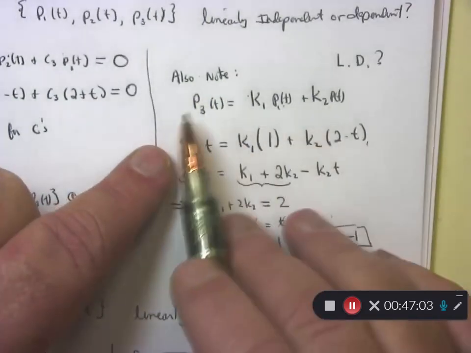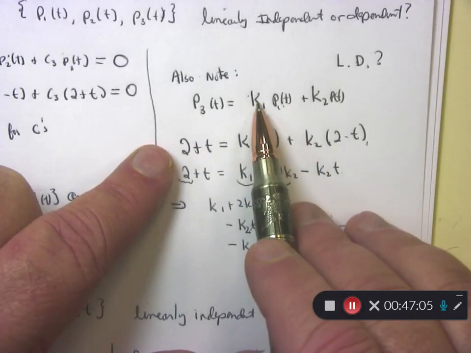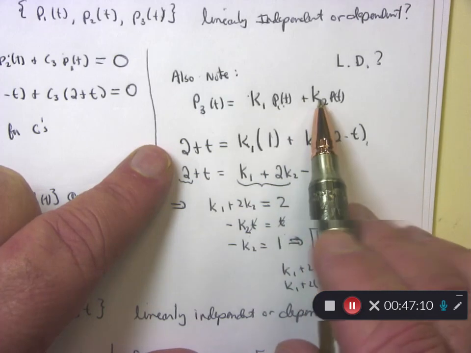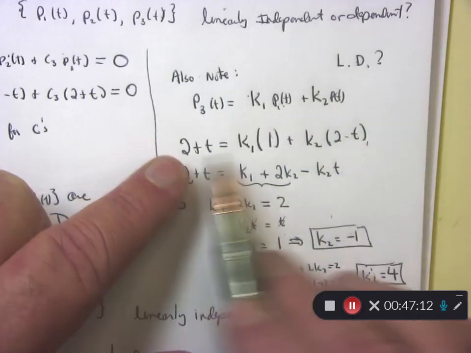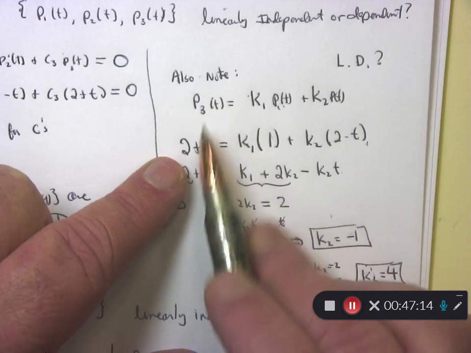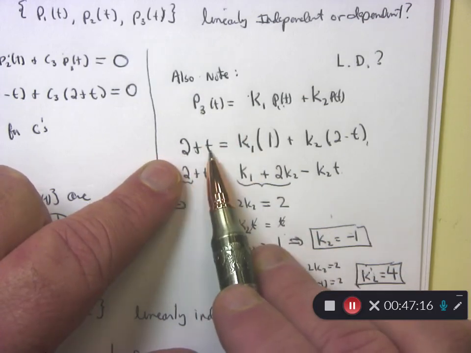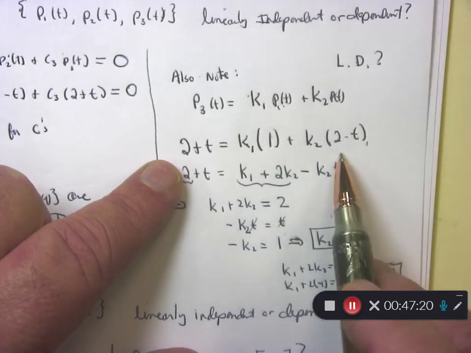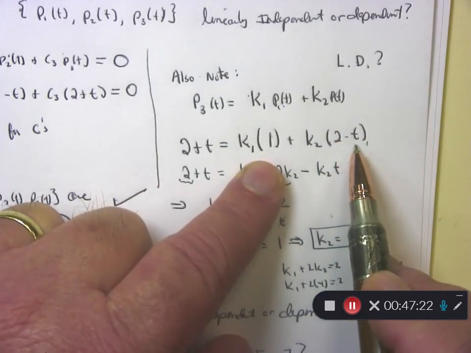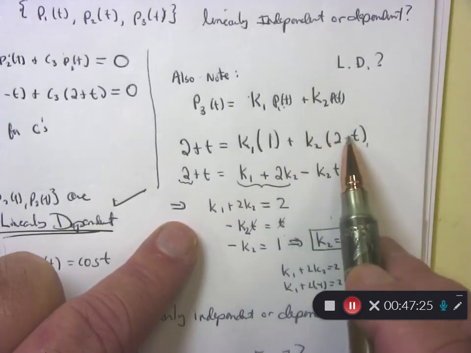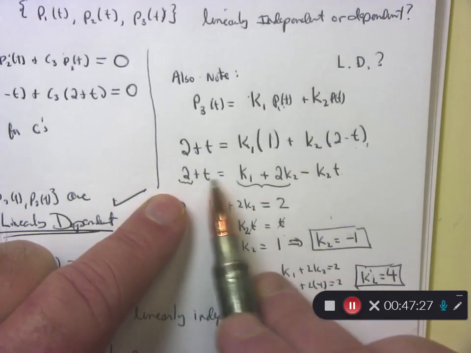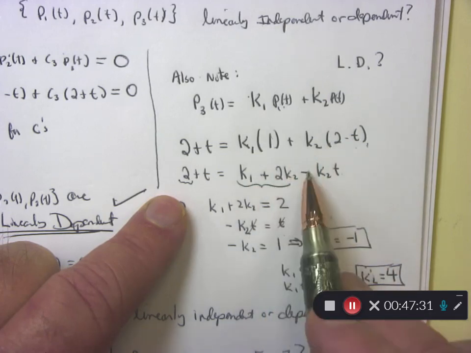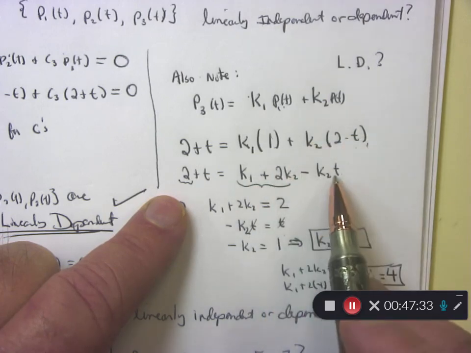So I put P3, and I'm trying to figure out, is there a K1 times the first polynomial plus K2 times the second polynomial that I can get the third polynomial, 2 plus T. So I put a K1, P1 was 1, P2 is this guy here. What did I do? I distributed this guy. So I came up with 2 plus T is equal to K1 plus 2K2 minus K2T.